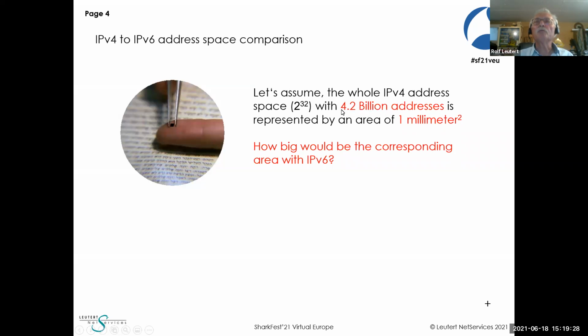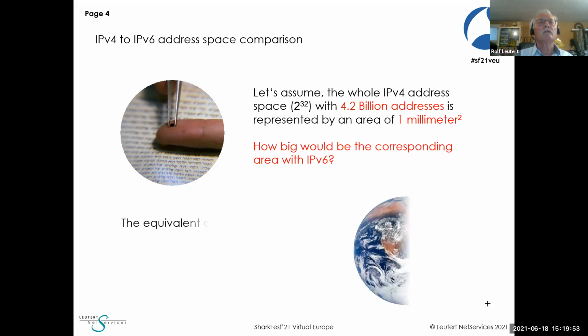Okay, let's assume you press today's number of IPv4 addresses on 1 square millimeter. You just concentrate it on this small little part. And now then you roll out a flat which corresponds to the IPv6 area. This gives a little bit a view, a picture, how unimaginable big the range is.